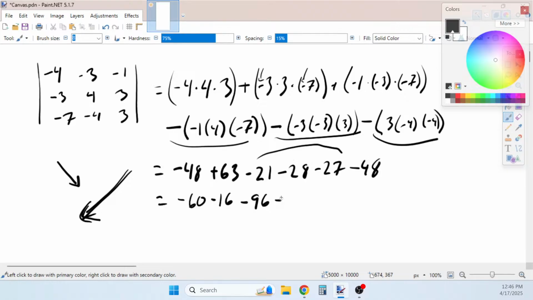We'll have that positive. So from here, positive 16 minus 63, 3 minus 16. This, negative 13, negative 9.